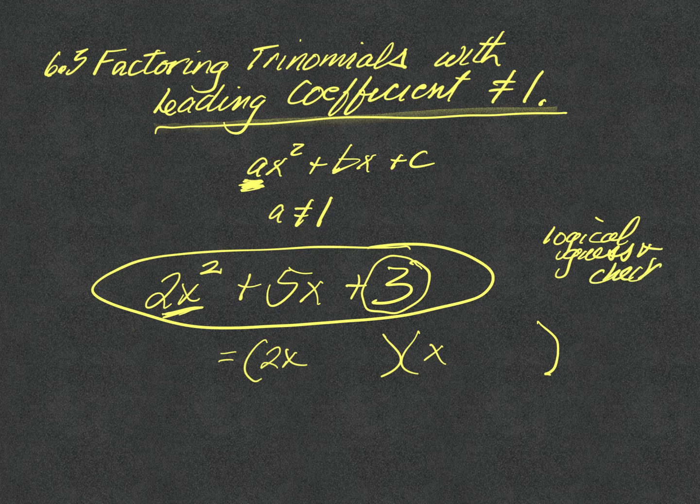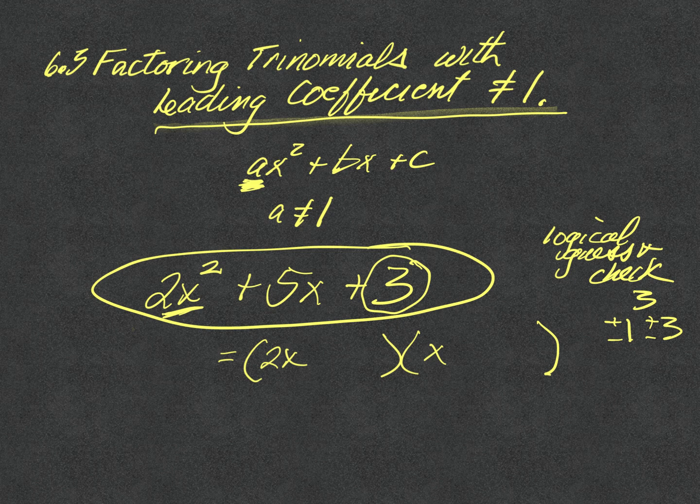I start off with the 3, and I know the only factors of 3 are 1 and 3. And I either have a positive 1 times a positive 3 or a negative 1 times a negative 3. And just like before, 2 positives will add to give a positive, while 2 negatives will add to give a negative. And when they multiply, they both give a positive.